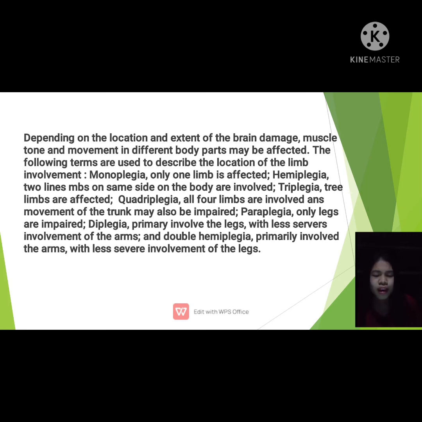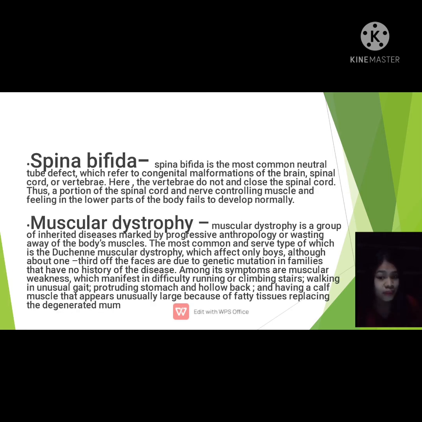Okay, so dito naman tayo sa spina bifida. Spina bifida is the most common neural tube defect, which refers to congenital malformations of the brain, spinal cord, or vertebrae. Here, the vertebrae do not enclose the spinal cord.